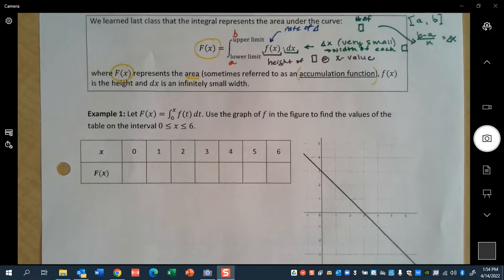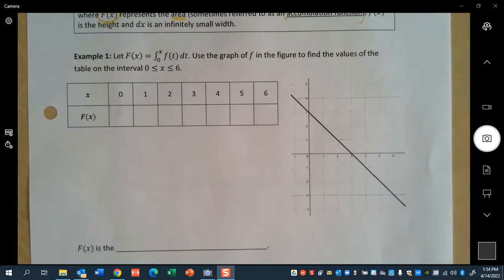So now we're looking at f of t, and that's our rate. And notice my integral has my lower bound, my lower limit of 0, all the way up to whatever value of x is given. And so we have to look at this interval here.